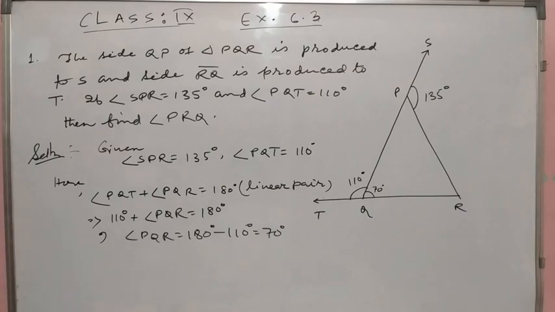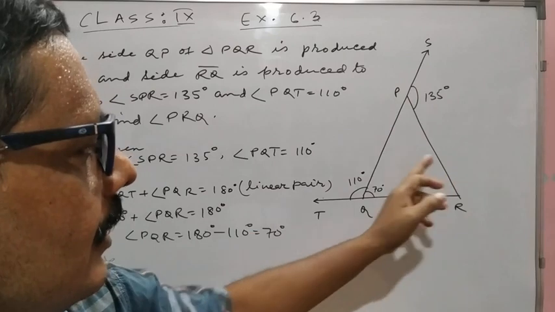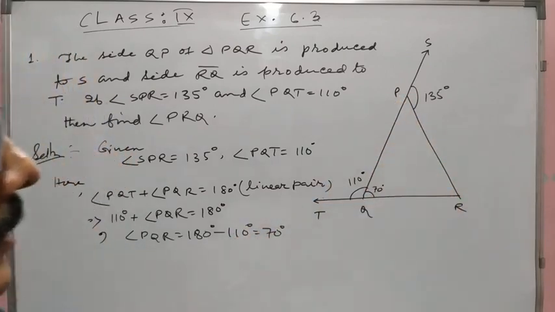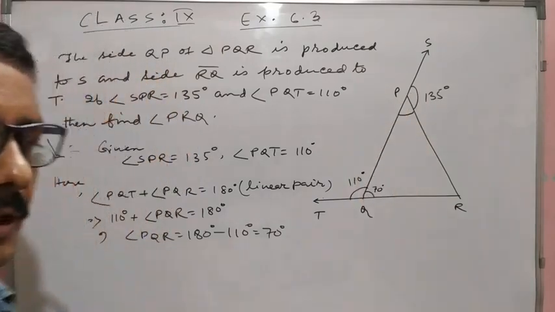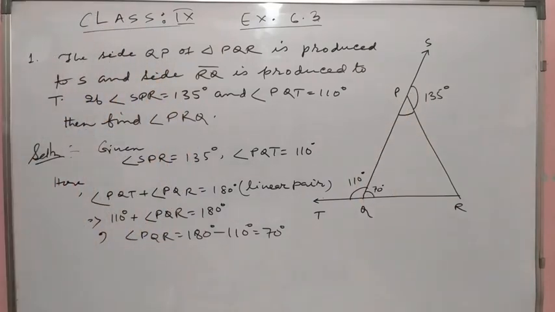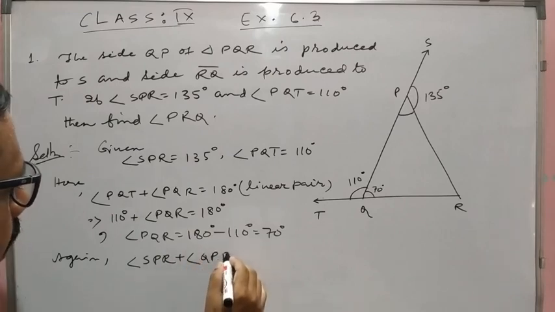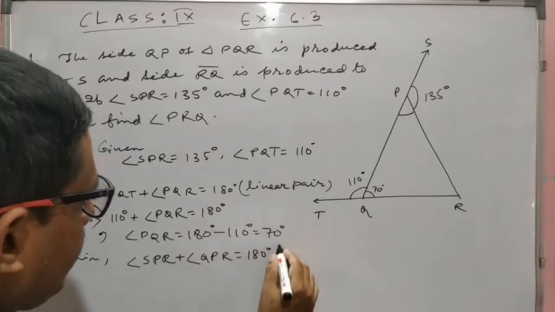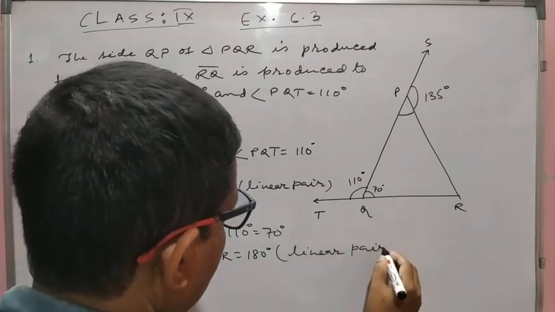Now again you see, angle SPR and angle QPR, this angle and this angle, make 180 degrees because they are a linear pair. Again, angle SPR plus angle QPR equals 180 degrees because of the linear pair.